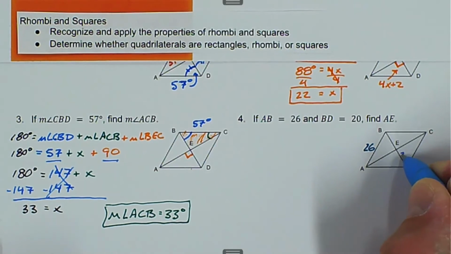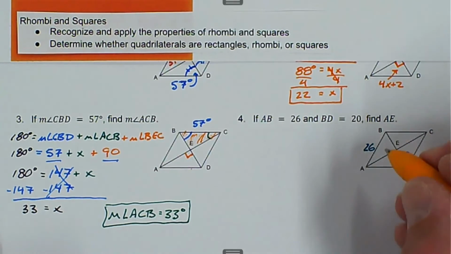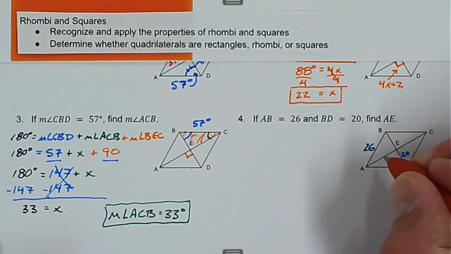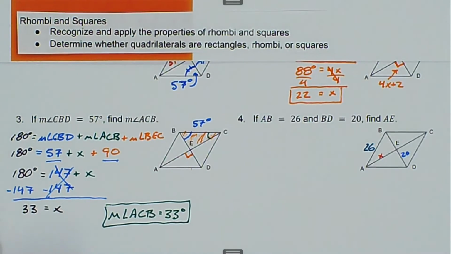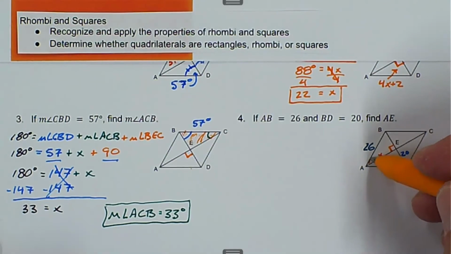So that's going all the way across. That one is 20. Then it wants us to find AE. So let's put an X on AE. It wants to find this. So again, we can see that we kind of broke this down into a triangle. And as a matter of fact, this is a right triangle because that's 90 degrees.